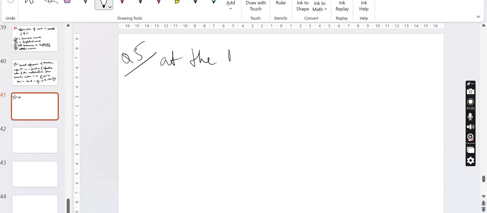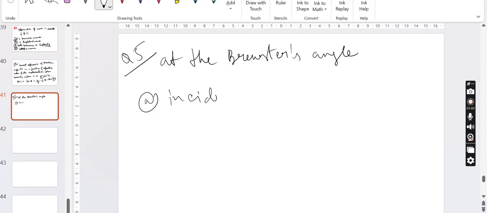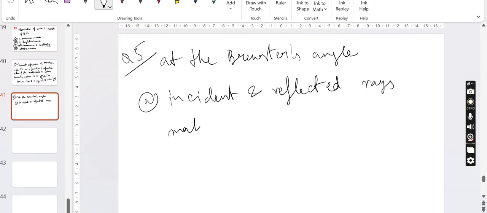At the Brewster's angle, A, incident and reflected rays make an angle of 90 degree.